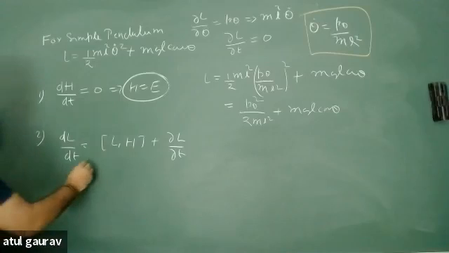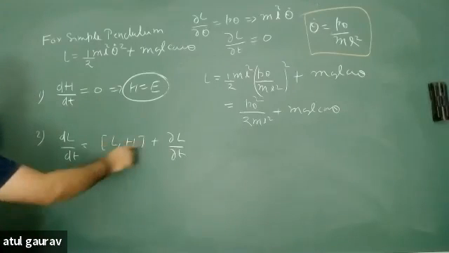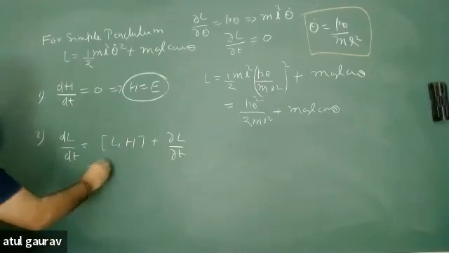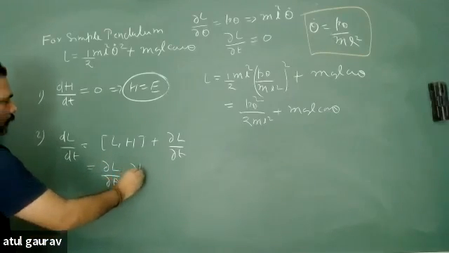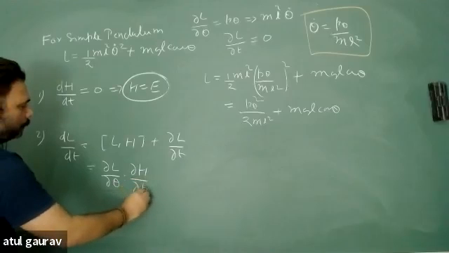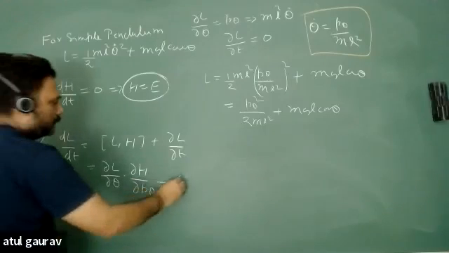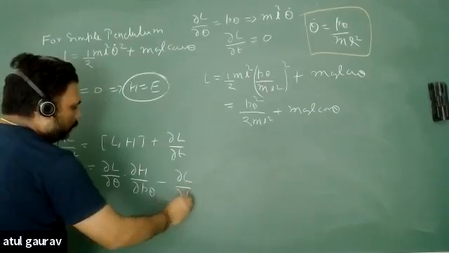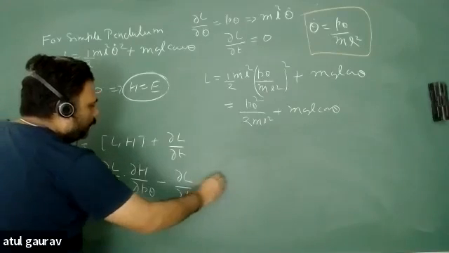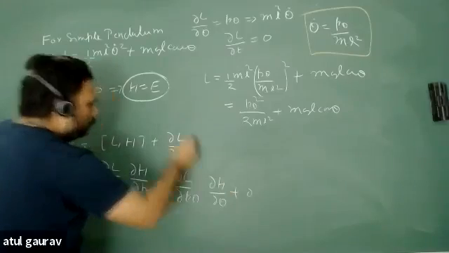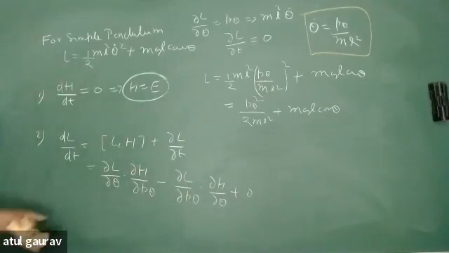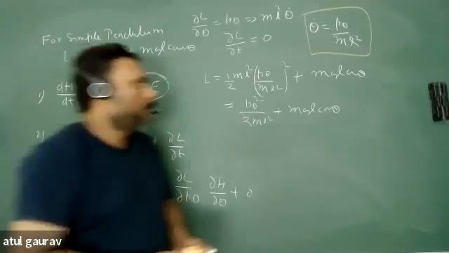Let's calculate the commutation between L and H. So you have ∂L/∂θ ∂H/∂p_θ minus ∂L/∂p_θ ∂H/∂θ plus 0. This term is 0. Let's calculate each and every term.